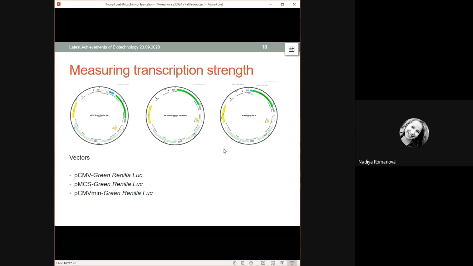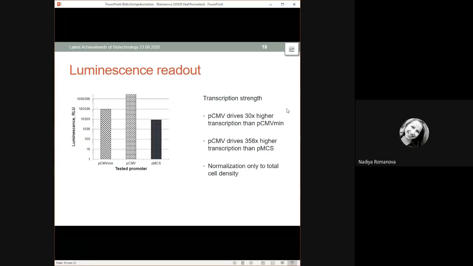And to compare three promoters that I have cloned, this was the cytomegalovirus, the complete sequence, including this powerful enhancer. Then I had the empty vector as a control. This is the multiple cloning site, so there was no promoter in between. And here we had the minimal promoter before the Renilla luciferase. And here's the data.